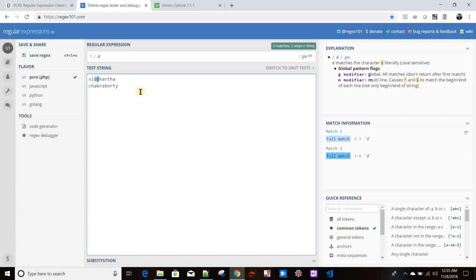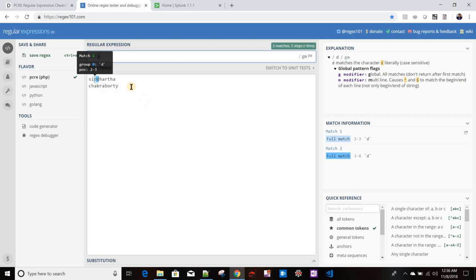If it finds a match, that means it's a success. Until the full regular expression is completed, it will try to find that match. If it finds that match, it will save that result as an occurrence, then move on to find the next match.